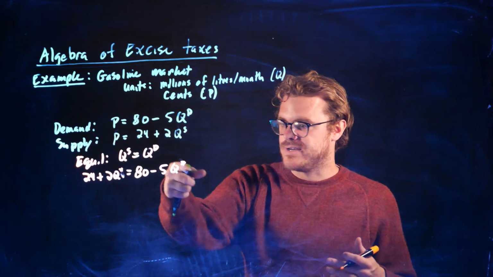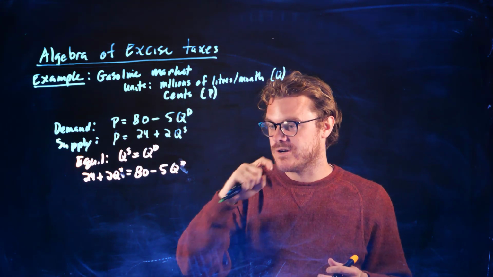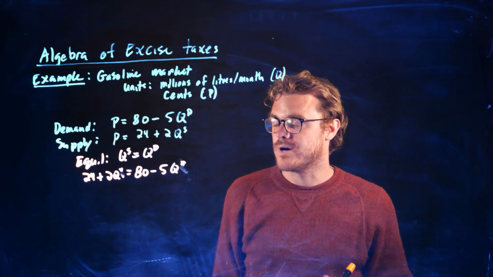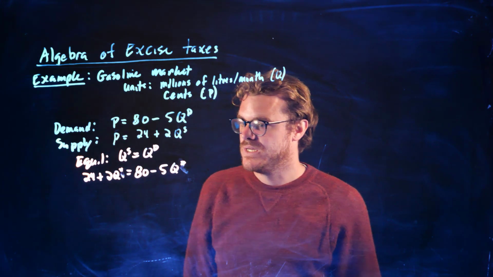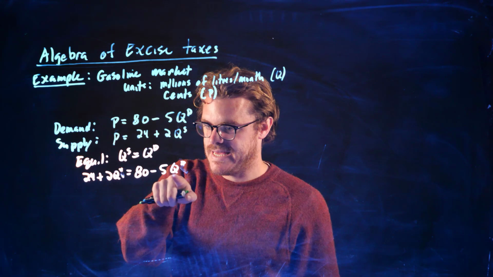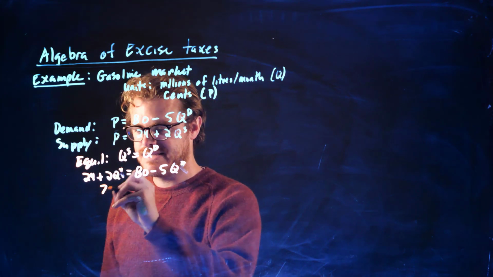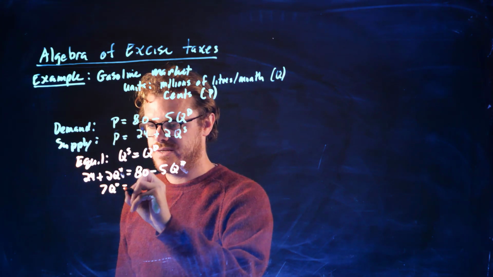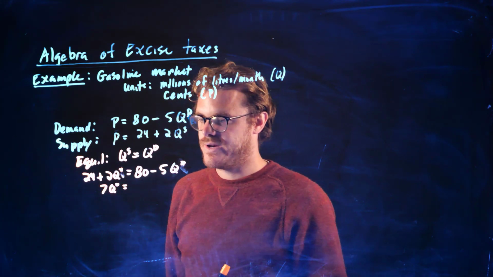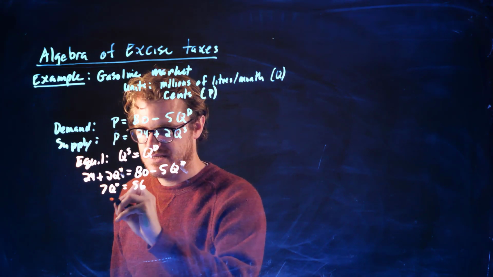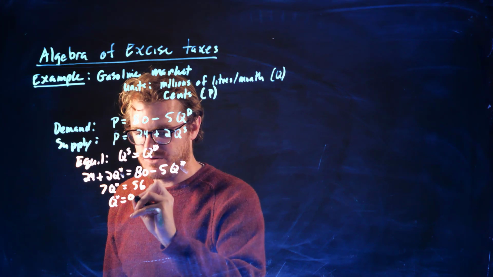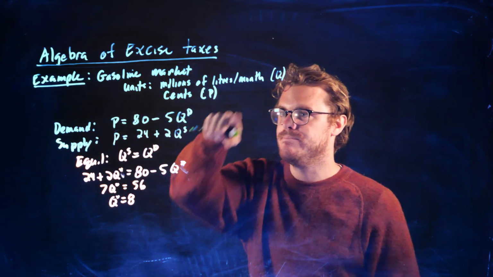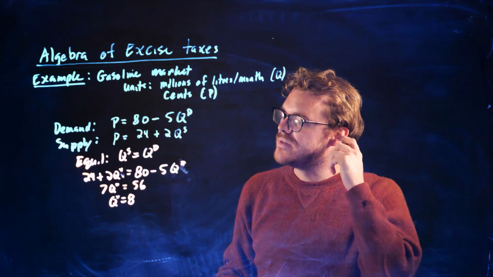All right, then we just have a simple rearranging here to solve for that quantity. And so we can take this 5Q and move it over, and we get 7Q star equals 80 minus 24, which is 56. So Q star is going to be equal to 8 here, right? So 8 million liters a month.